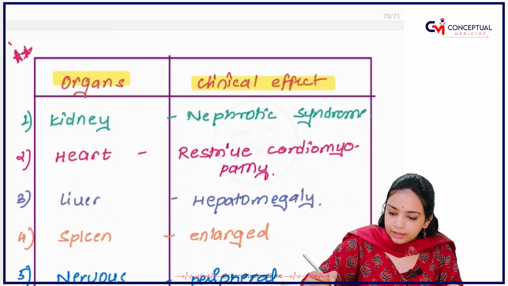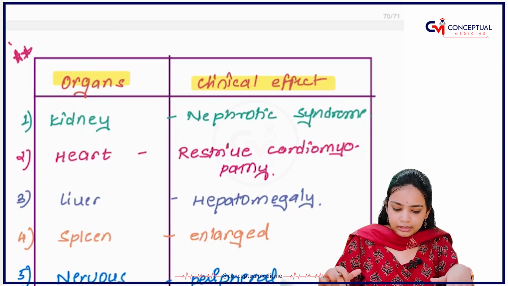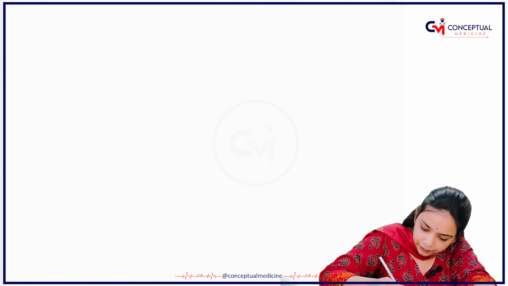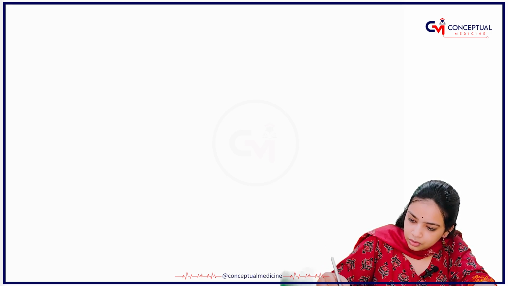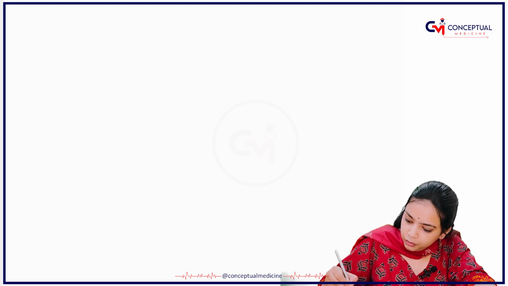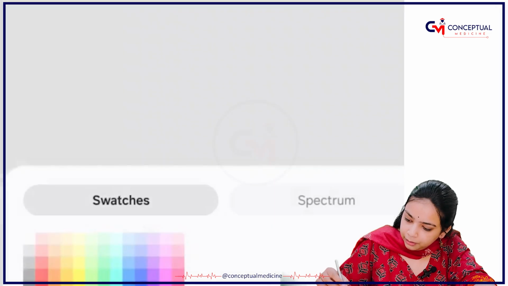Okay, now next let's talk about the clinical features. So what are the clinical features? See, I have told you to make a organized table for all the clinical features, right? I hope you are making it.